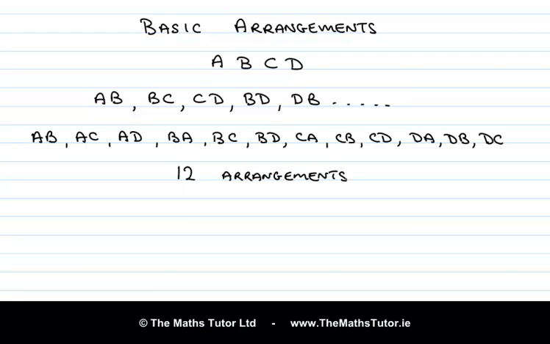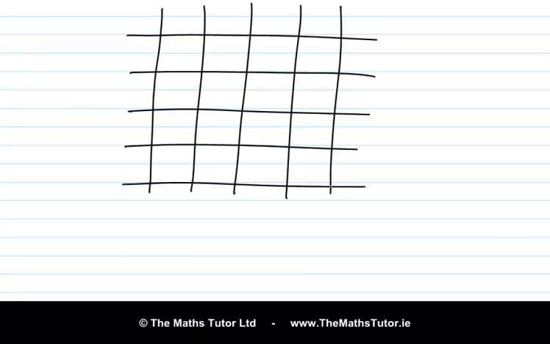We could also use a two-way table to find all the different arrangements. So let's draw our two-way table. We've got A, B, C, D across the top, A, B, C, D down the side. So what are the arrangements we can make from A, B, C, D, taking two letters at a time, but not repeating any letter? AA, that's not allowed.